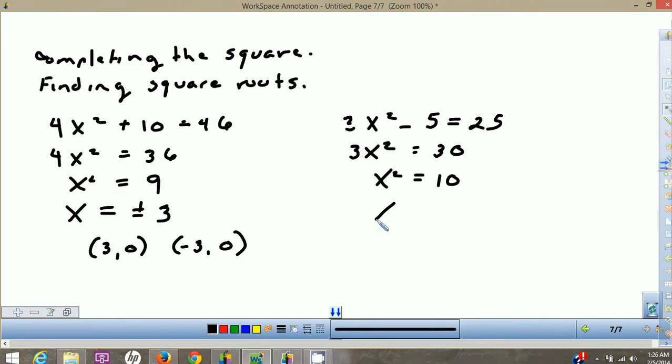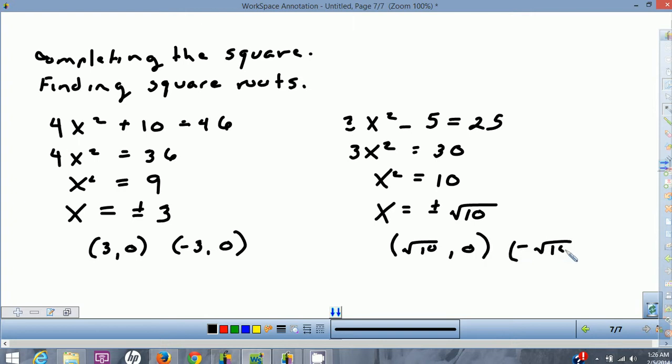In this case, I get x equals plus or minus the square root of 10. Now, there's not a nice, neat integer square root of 10. So I'm going to write my x-intercepts here as the square root of 10, 0, and negative square root of 10, 0.